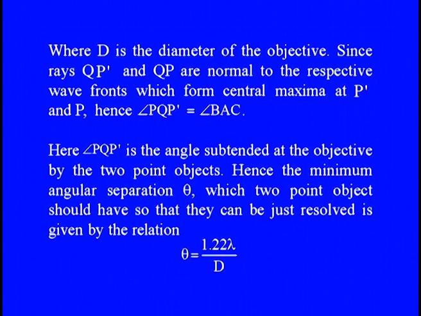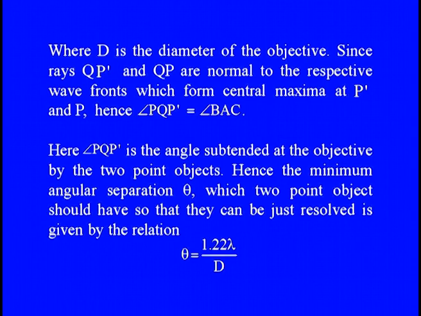Since rays QP prime and QP are normal to the respective wave fronts which form central maxima at P prime and P, hence angle PQP prime will be equal to angle BAC.